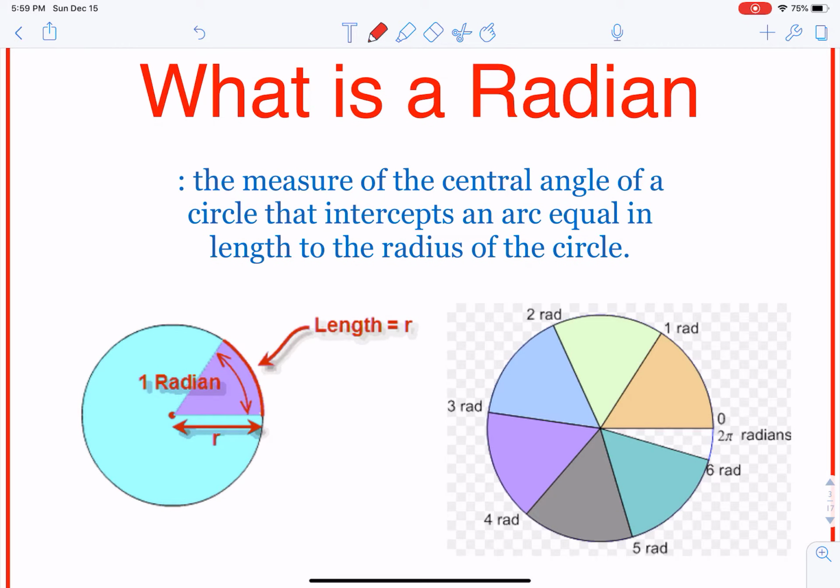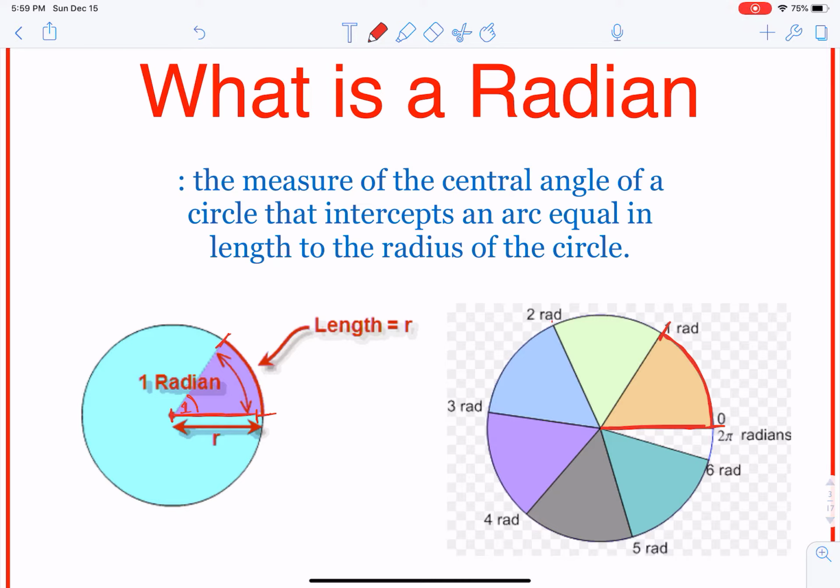So down here, a radian is the measure of the central angle of a circle that intercepts an arc equal in length to the radius of the circle. So you can see here that I have my radius measure here, and I've taken this length and placed it on the outside of this circle, and we would call this 1 radian. Here I've taken the length of my radius and placed it along the arc of my circle.